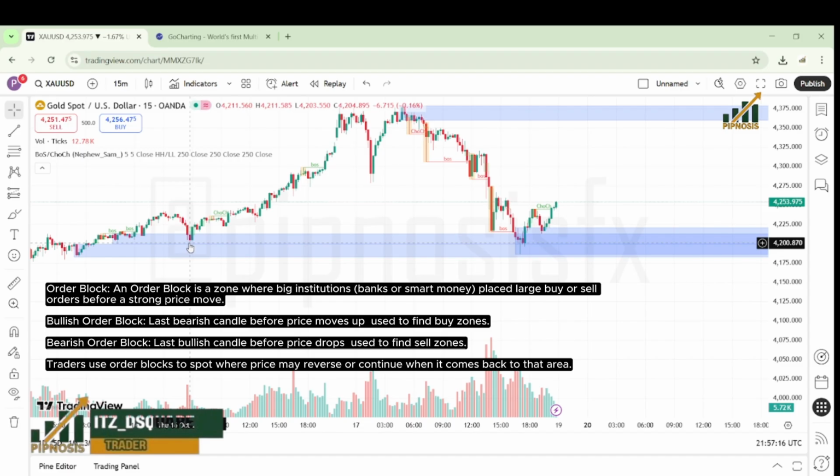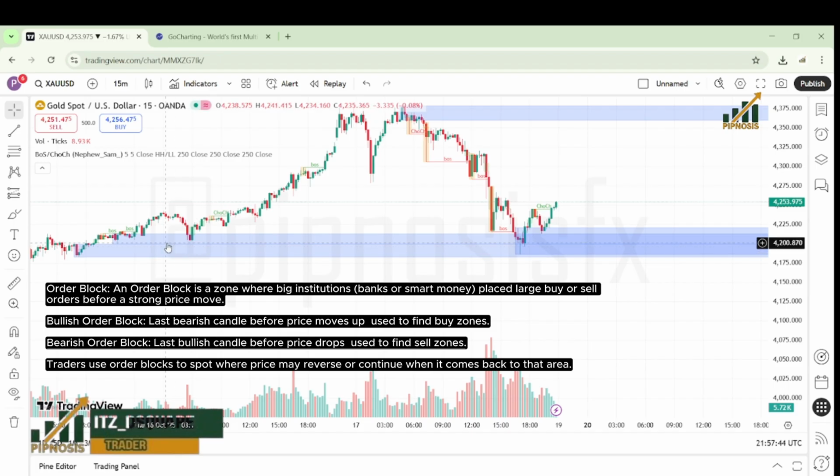And how do we know? It's through the candle reaction. Most times in zones like this, we notice candlestick patterns like engulfing candles, either bullish engulfing or bearish engulfing. Bearish engulfing is on the selling side and bullish engulfing is on the buying side. So the bullish is the buy while the bearish is the sell.